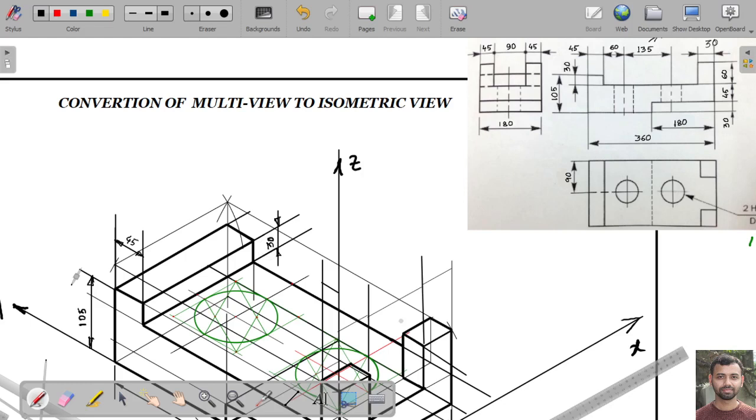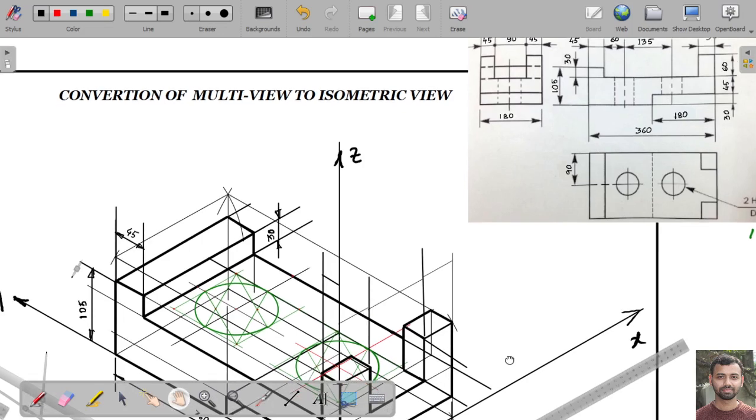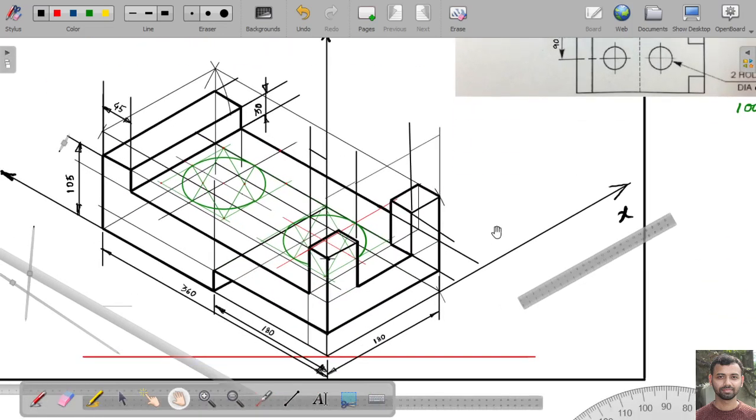And next is this distance is 45. This one is 90, and this one is 45.